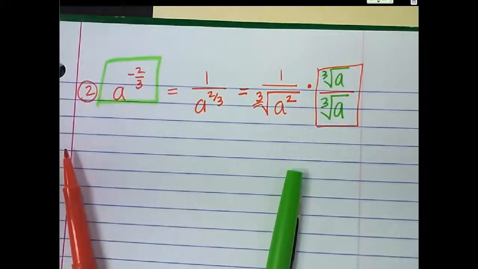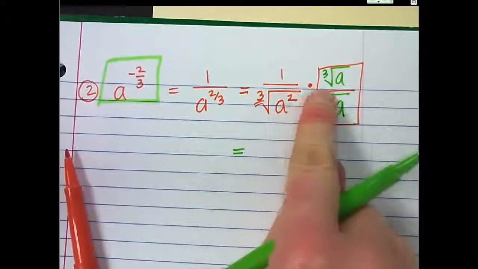If I want it to be a perfect cube, I would want either a to the 3rd or a to the 6th or a to the 9th. If I have 2, I just need 1 more. So I'm just multiplying by 1 cube root of a on top and 1 on bottom.